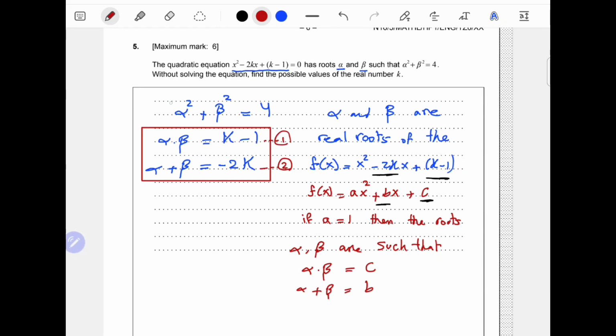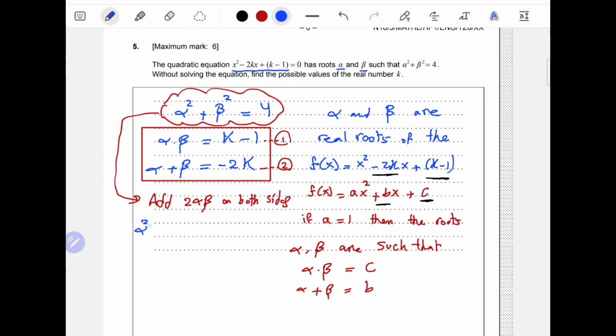Now, using the given equation that relates alpha and beta, we can add 2 alpha beta on both sides, and in this case what we get is alpha squared plus beta squared plus 2 alpha beta equal to 4 plus 2 alpha beta.